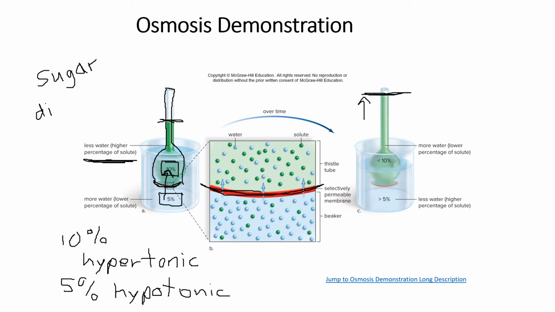And so if one side's hypertonic, the other side is hypotonic. If one side's hypotonic, the other side is hypertonic. And so if we look at the beginning of our experiment, the 5% was hypo. The 10% was hyper, and you can see that by the number of green spheres.